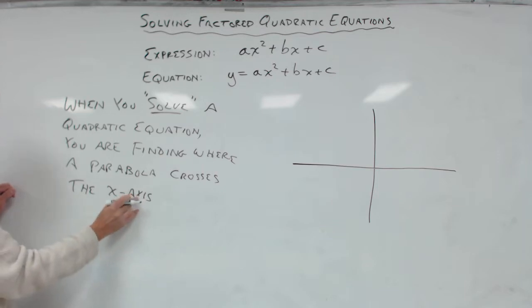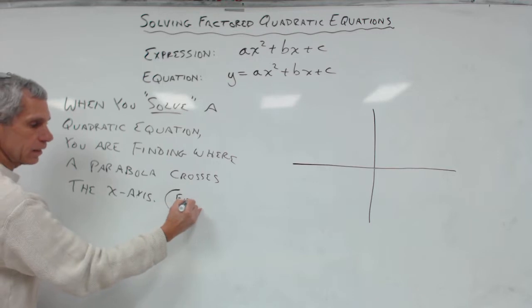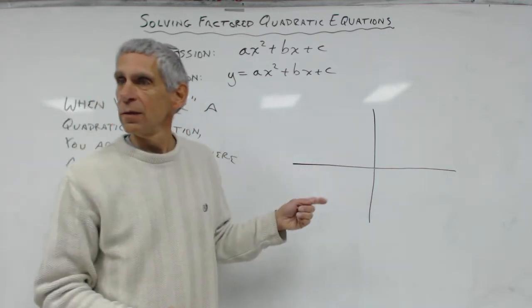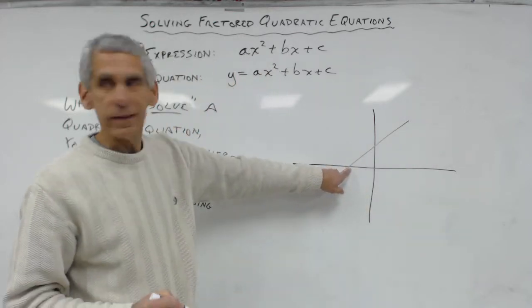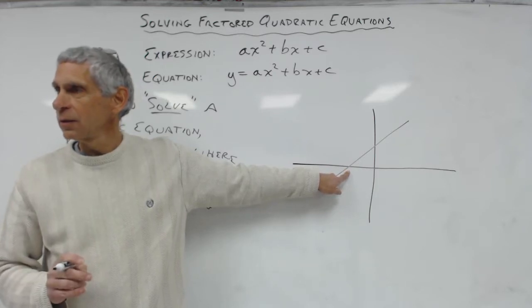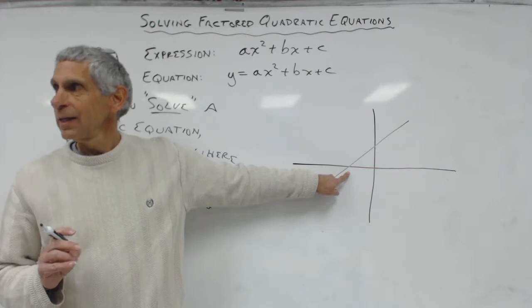In other words, you are finding, does anybody remember what that is? With a straight line, if it crosses the x-axis, what's that called? The x-intercept, right?